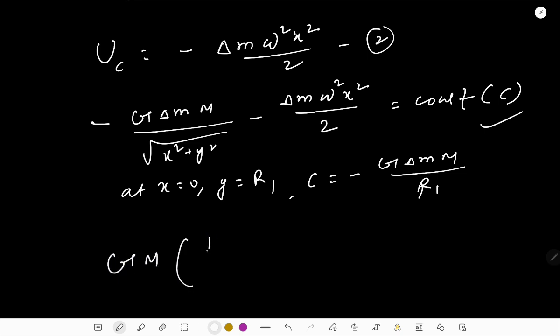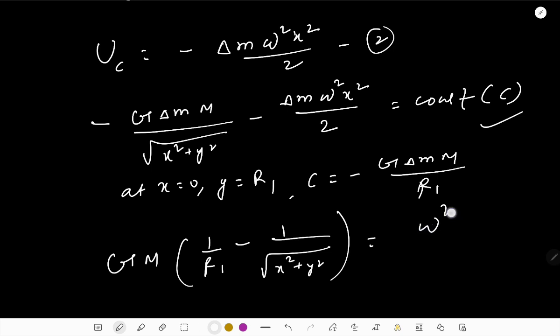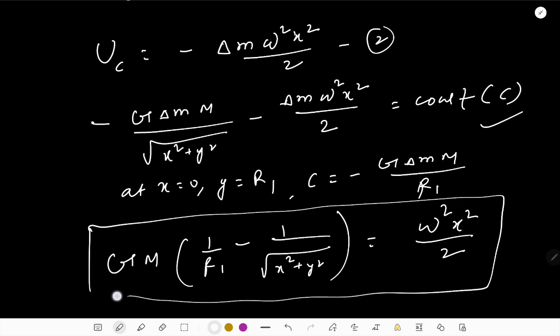You are going to get the equation like this: minus G m, 1 by r1 minus 1 by the square root of x square plus y square, and from the right hand side you will get omega square x square by 2. After putting in these values and manipulating, you will get this equation, and I will leave it as it is.